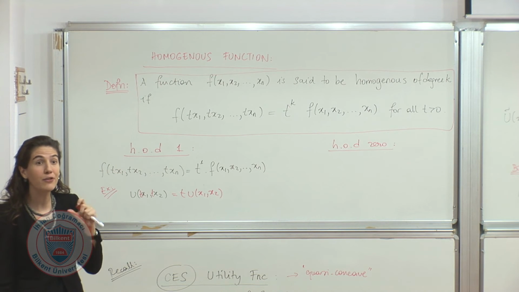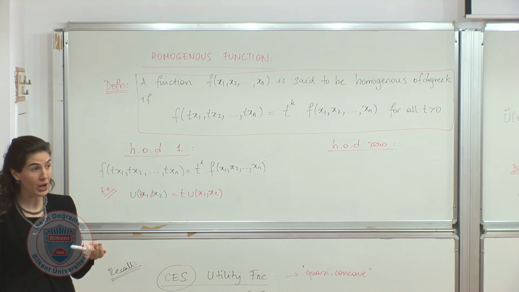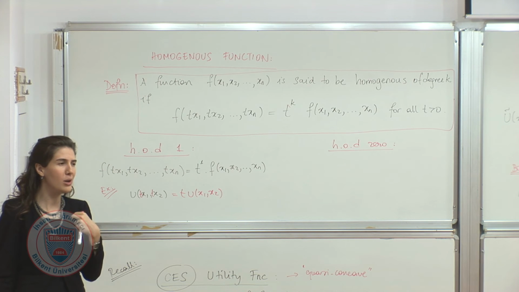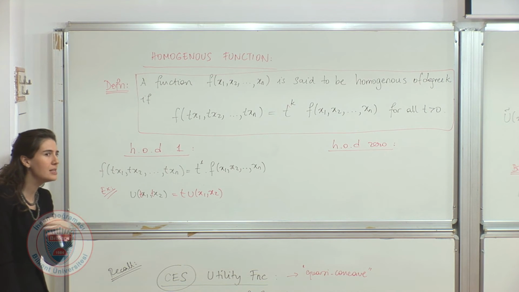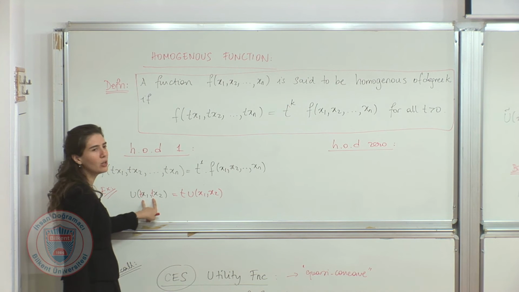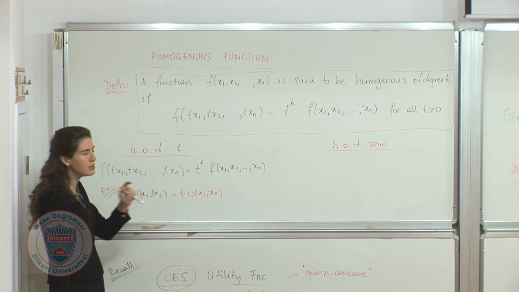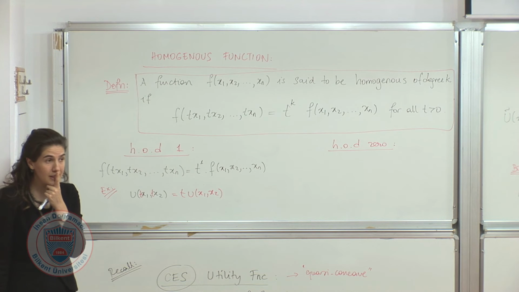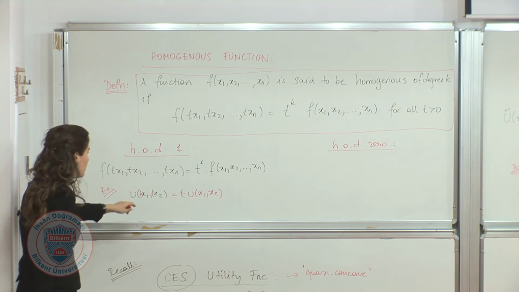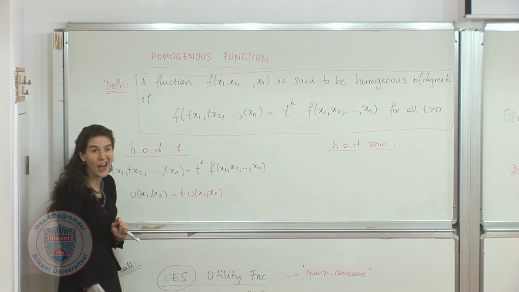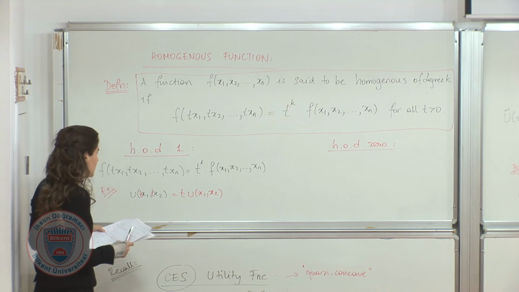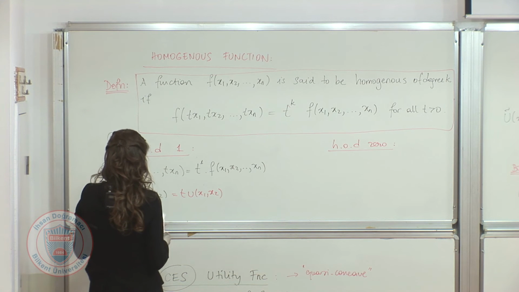If you have a homogeneous production function, or a homogeneous utility function, it means that if you multiply all the arguments by this t, which is a positive constant, it just comes out and doubles the function's value, sort of, okay? So basically, this is it.